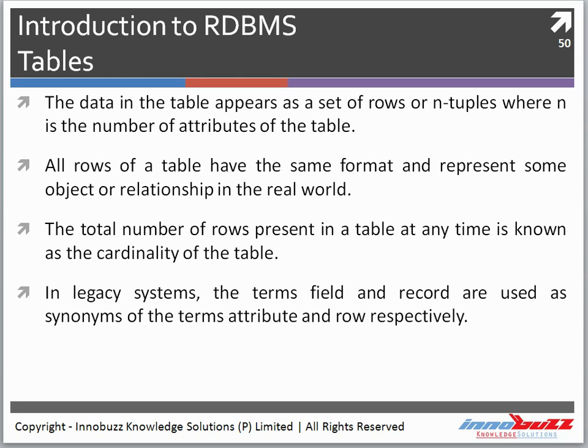Tables. The data in RDBMS is stored in database objects called tables. The table is a collection of related data entries, and it consists of columns and rows. Remember, a table is the most common and simplest form of data storage in a relational database.